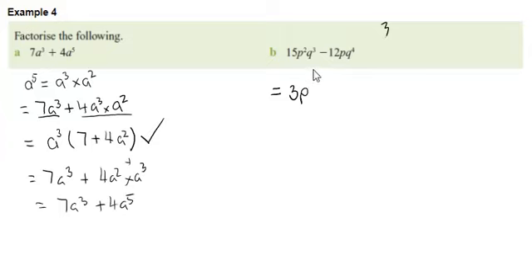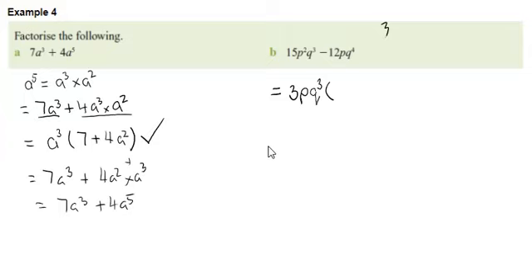And here I've got a q cubed and a q to the power of 4. I know I can get a q to the power of 3 from over here, so I'm going to write down here a q3. That's what I'm pretty sure my outside term is going to be. Now let's see what our brackets are going to look like.